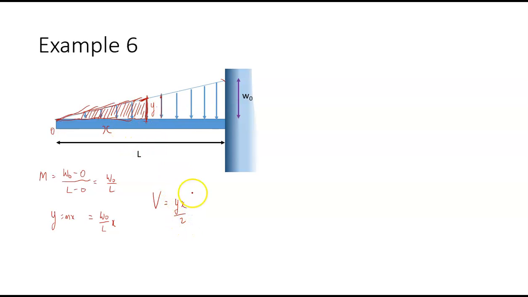So in our case, it'll be w naught over L x times x over 2, which is equal to w naught x squared all over 2L. So that's the shear force at any point along this beam.